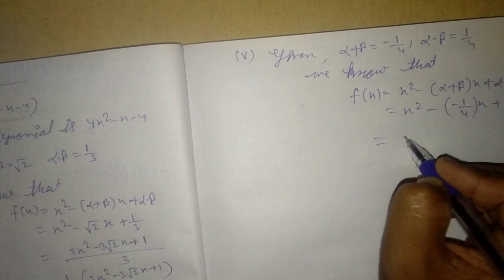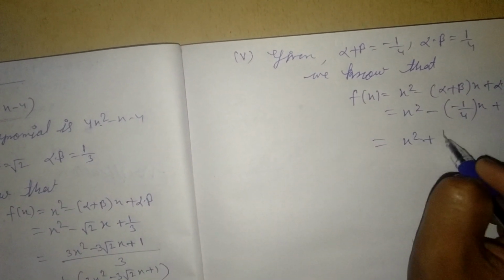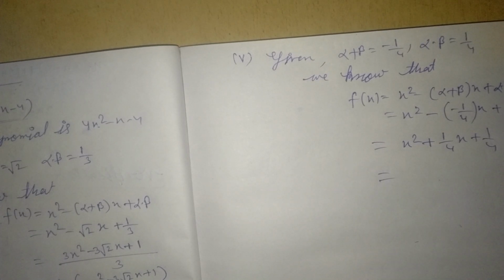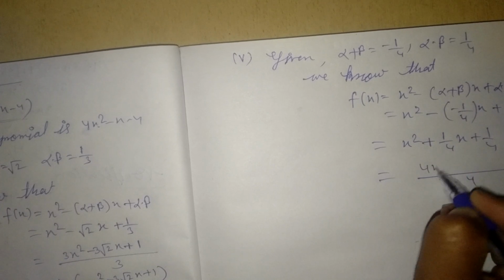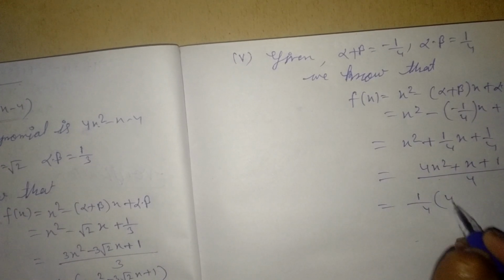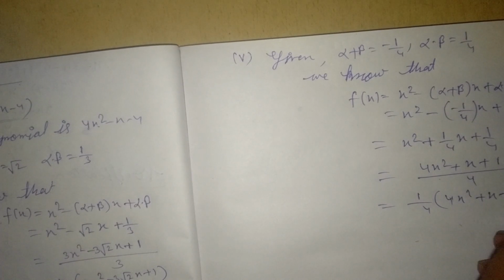So you can write here x square plus 1 upon 4 x plus 1 upon 4, because there are two terms which involve fractions. So take the LCM 4, you will get 4x square plus x plus 1.